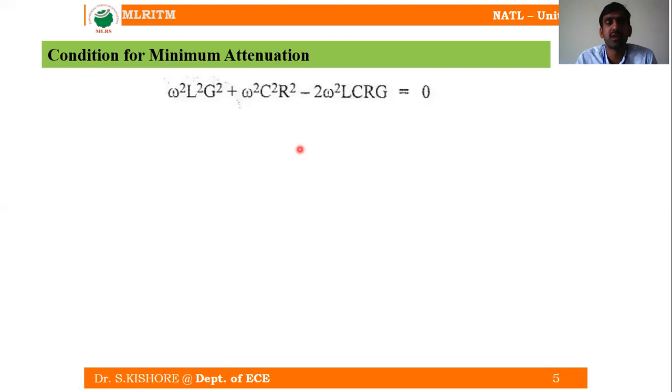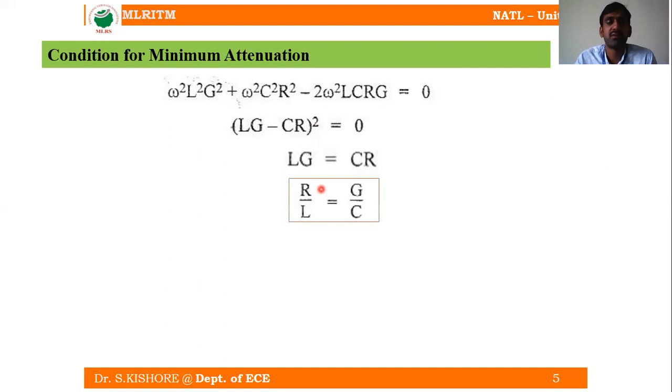If we take omega square as common, then we have Lg minus Rc whole square, A minus B whole square. Then Lg is equal to Cr. So from this we can write R by L is equal to G by C.